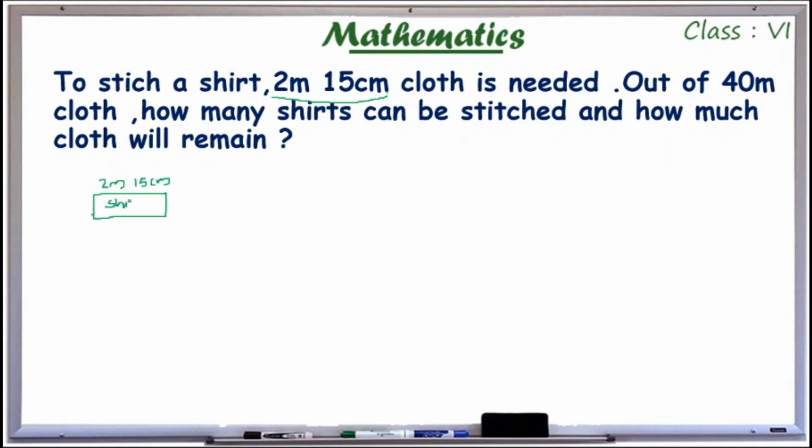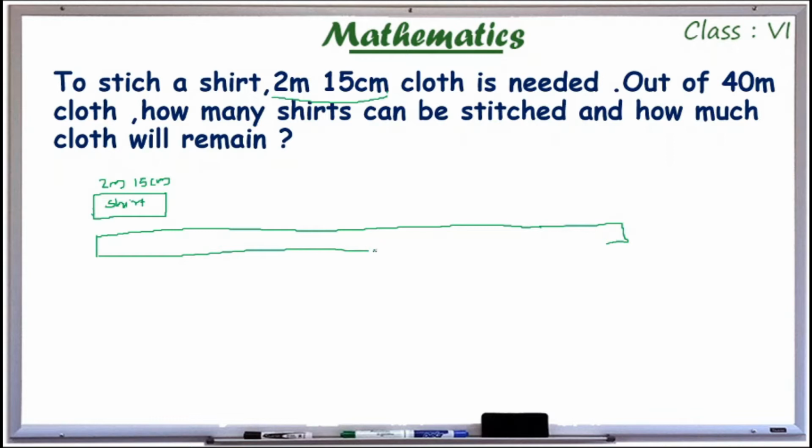Suppose this is a shirt of 2 meter and 15 centimeter, and out of 40 meter cloth, so we have 40 meter cloth here. Suppose this is 40 meter cloth, and the question is how many shirts?